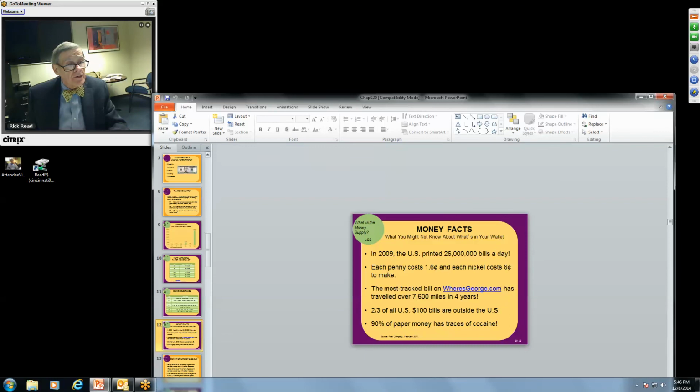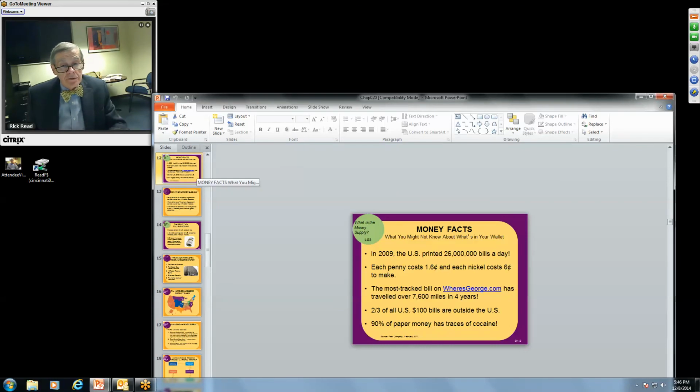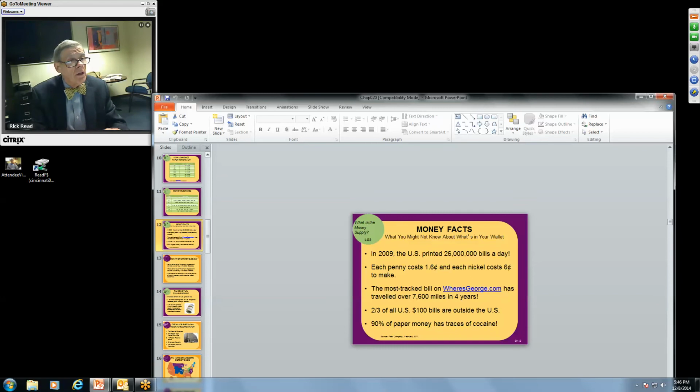These are some money facts here. Again, as you know, I like to talk about gee whiz slides. What the United States printed, how much it cost for a penny. Most tracked bill: two-thirds of all $100 bills issued by the United States are not currently within the United States boundaries.